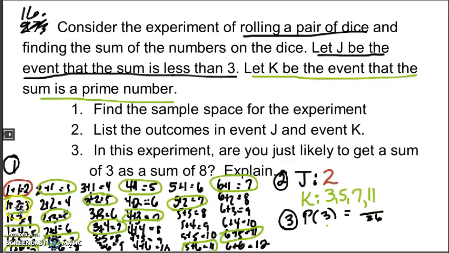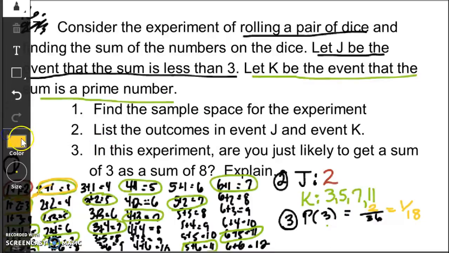We're going to circle the ones that are a sum of 3. See how many we got. We've got 1 3 here, another 3. I think those were the only 2 3s we got. So 2 out of the 36 was the probability of getting a 3, or 1 out of 18.